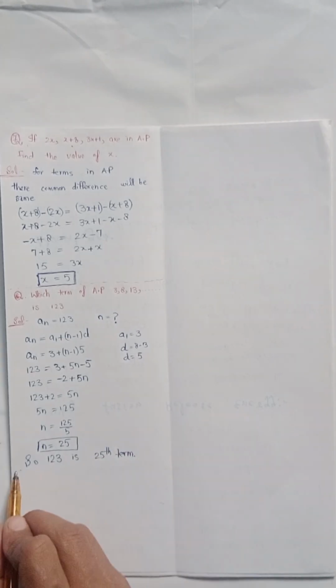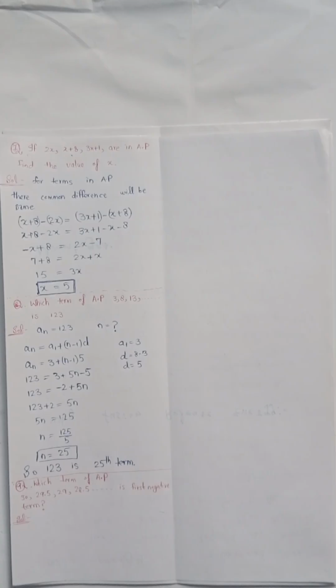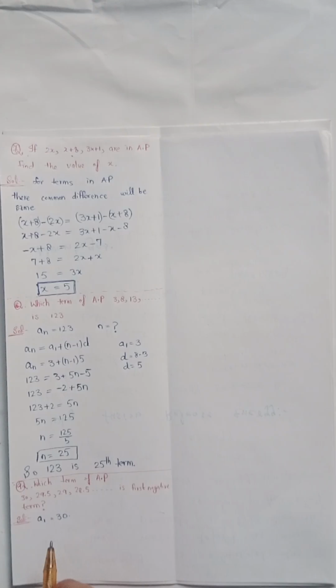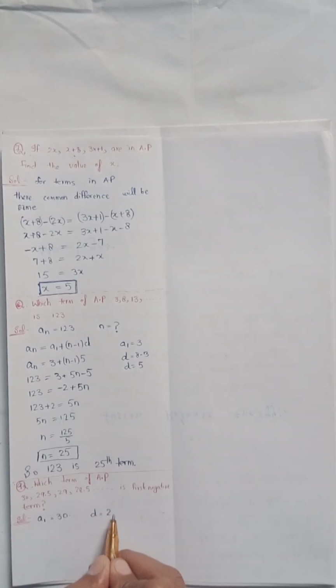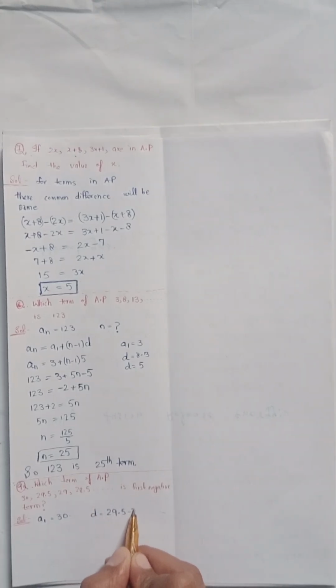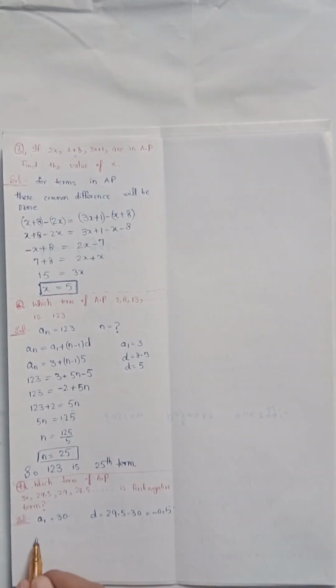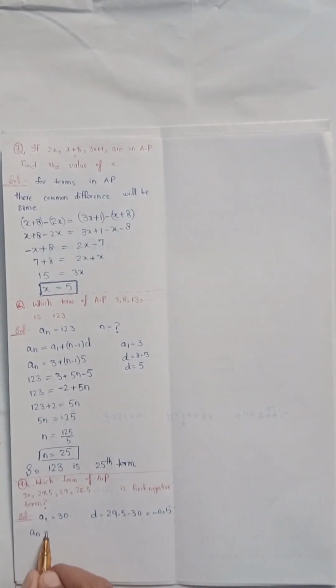Which term of the arithmetic progression 30, 29.5, 29, 28.5 is the first negative term? Here we have to find an, where a1 is 30 and d equals 29.5 minus 30 equals minus 0.5, and an equals a1 plus (n minus 1) into d.